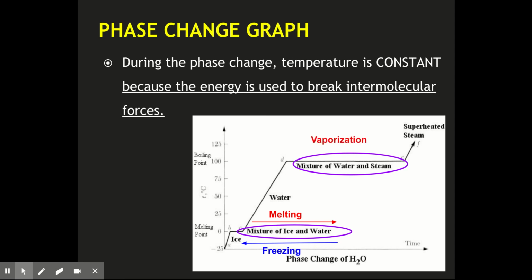Back up here at the top, at 100 degrees, when we add heat, we have vaporization, which means our liquid will turn into a gas.